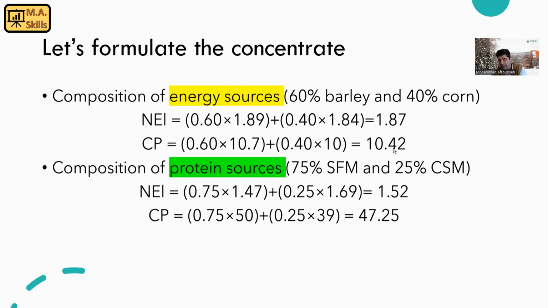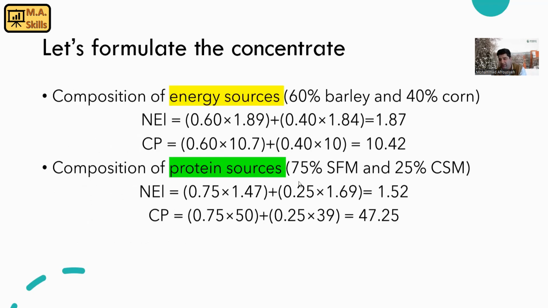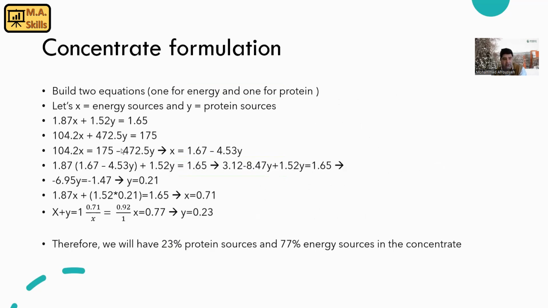That's why I have 104.2 times X, which is the amount of energy sources, plus what was the protein level in my protein ingredients? It was 47.25%. Multiplied by 10, I have 472.5 grams per kilogram protein times Y. Y is the amount of the protein sources in my concentrate, and my target protein level is 175.